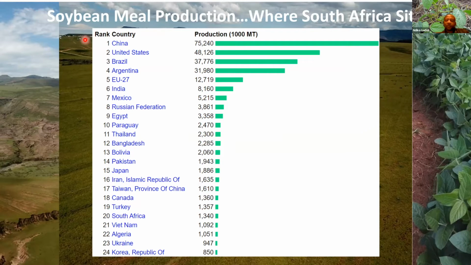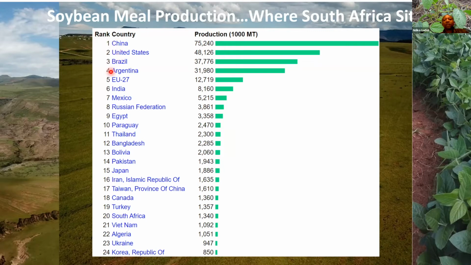Just to mention also that as much as many countries such as China and Japan use soybean mainly as a food source and also for other purposes, South Africa mainly uses soybean as animal feed. There is a small percentage that goes towards food consumption. And so that's why I do not mention these other products in the talk, but focus on soybean meal production.